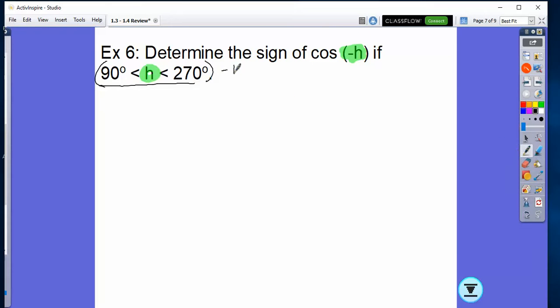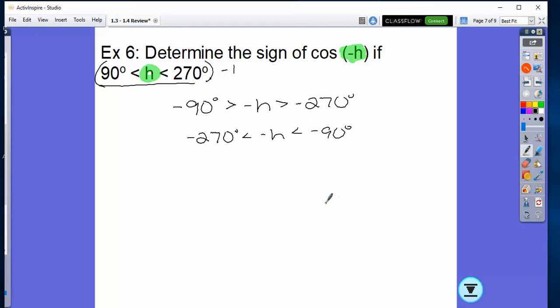Okay. If you multiply by a negative, what happens to your inequalities? Okay, if you don't like it written that way, you could say it's between -270 and -90. That's optional if you want to flip it. If you don't like dealing with the negatives, what could you do to them?